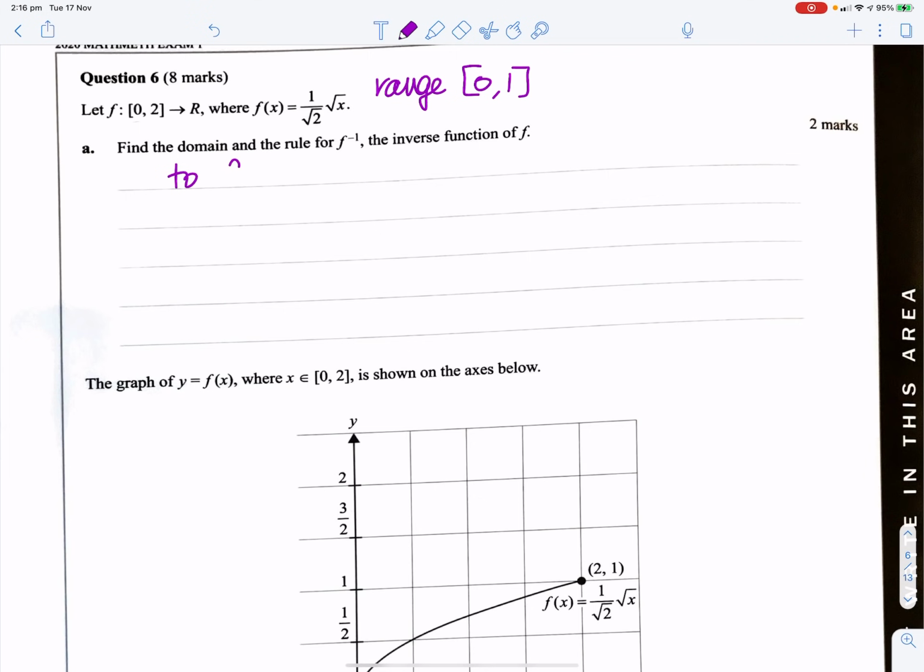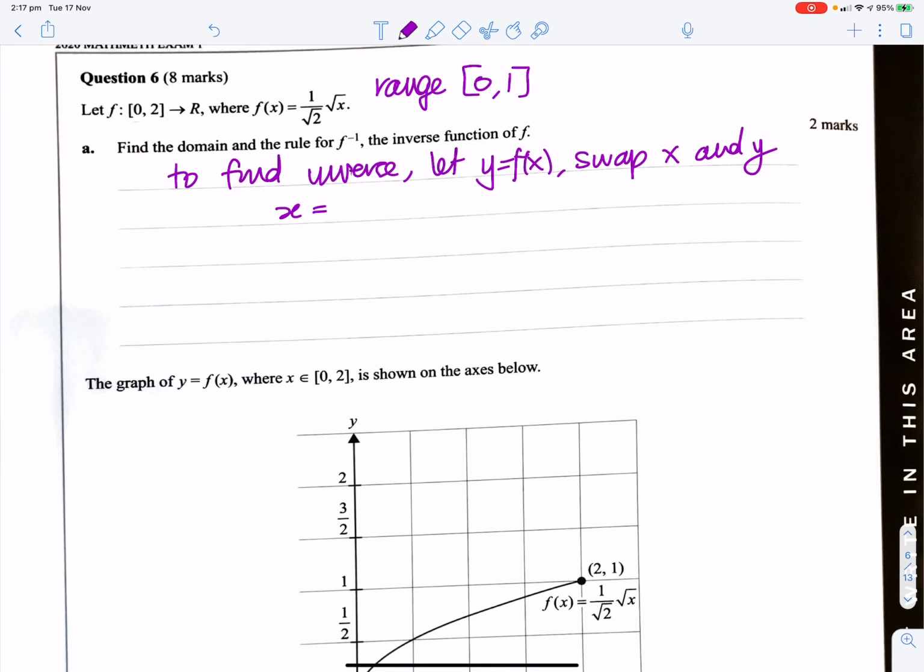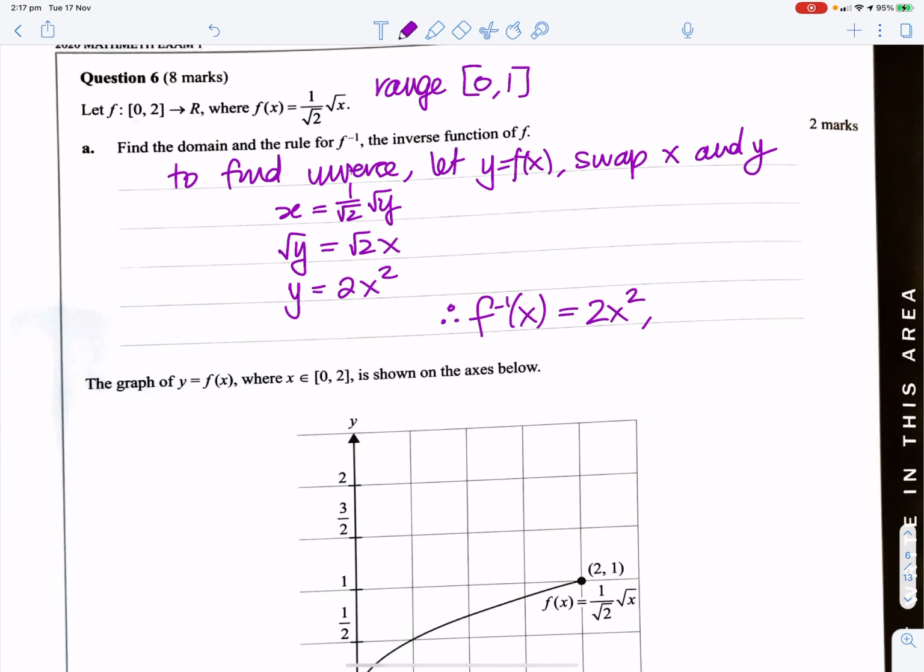So, to find the inverse, let y equal f of x, swap x and y. x equals 1 on root 2 root y. Root y is equal to root 2x. y is equal to 2x squared. So f inverse of x is 2x squared.